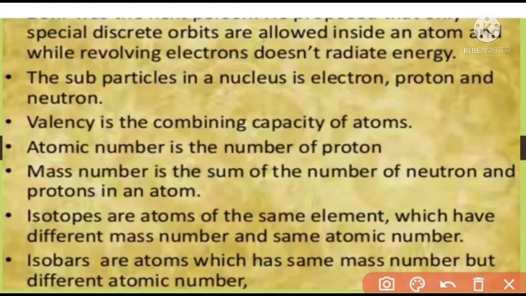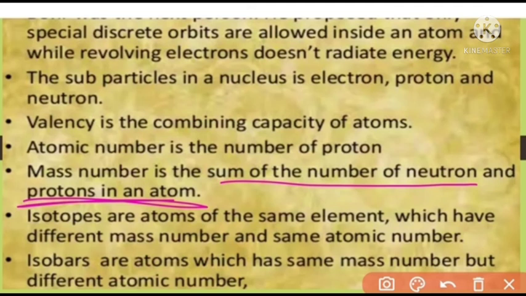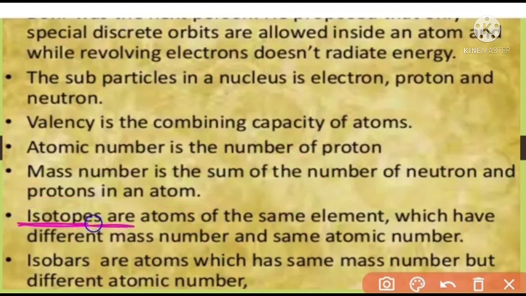Next we are discussing mass number. Mass number or atomic mass is represented by the symbol A. It is calculated as the sum of the number of neutrons and protons in an atom. These are placed in the center of the atom, which is called the nucleus. Next the topic is isotopes.